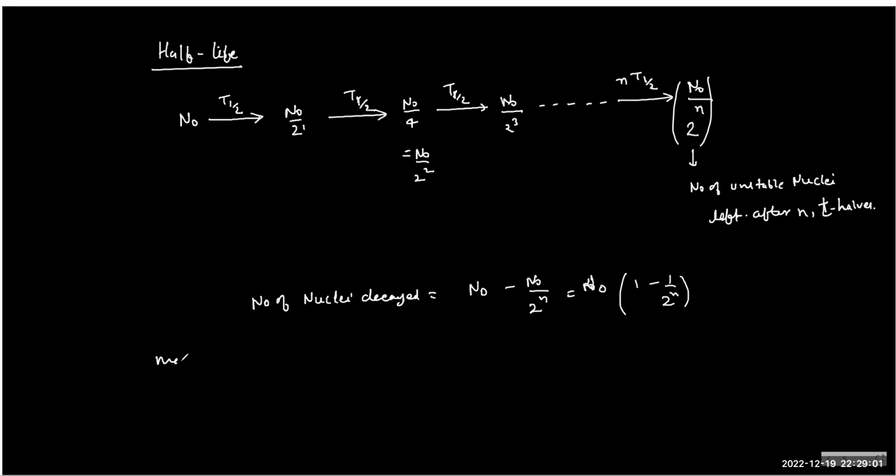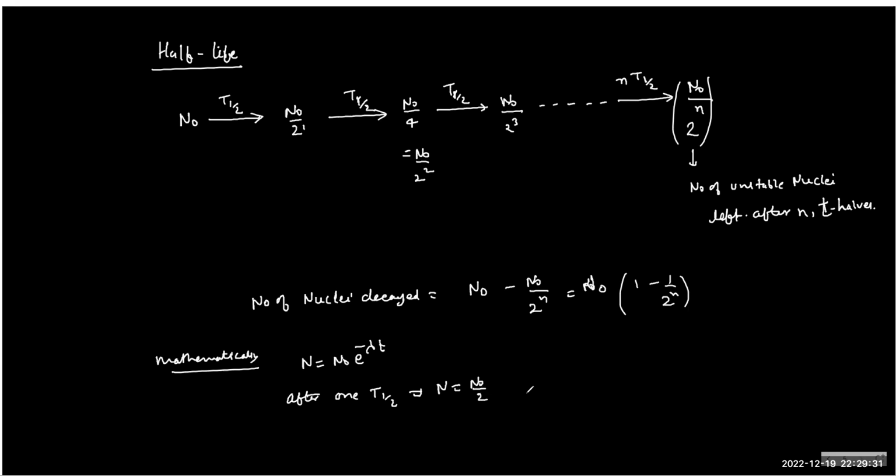Mathematically, how do we do it? We have the formula N equals N naught e to the power minus lambda t. After 1 T half, N becomes half of the initial value.